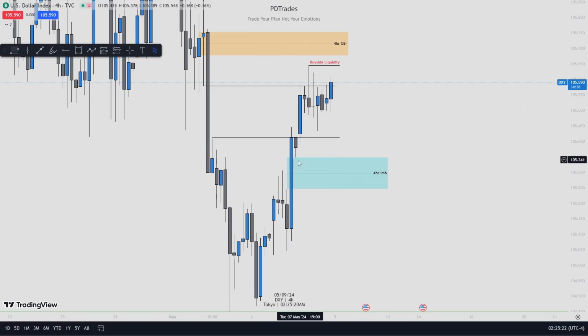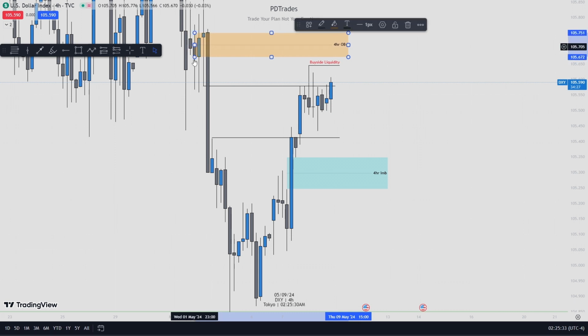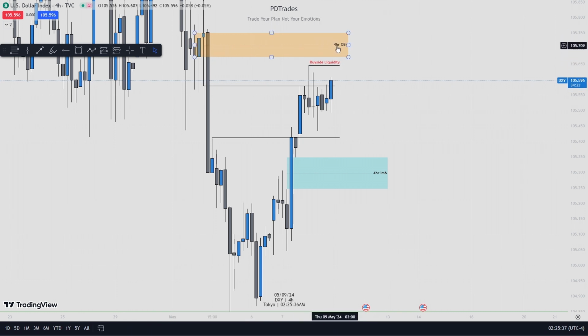So right now my eyes are on this area here, this 4-hourly bearish order block. If they want to use this bearish order block and use price to retrace inside this 4-hour imbalance, right?